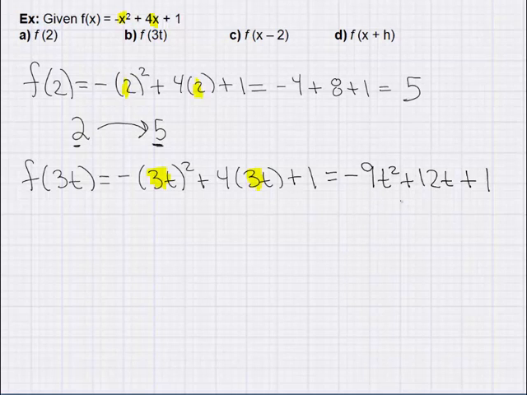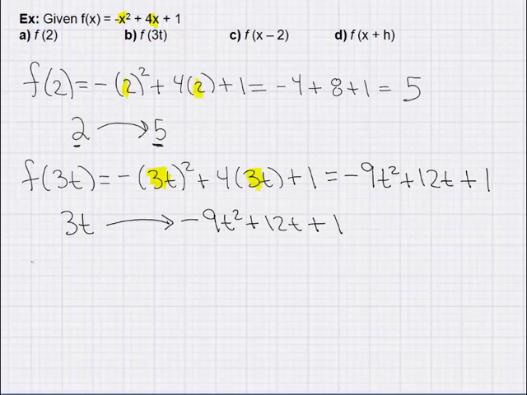I can't simplify this anymore, so that's what f of 3t equals. Sometimes you'll get just a number, sometimes you get another function. It depends on what you're plugging in and what the function is you're working with. But basically here, 3t is getting matched up with negative 9t squared plus 12t plus 1.